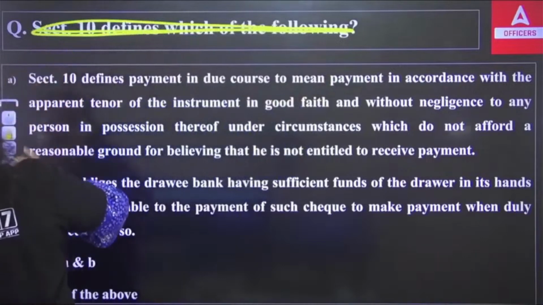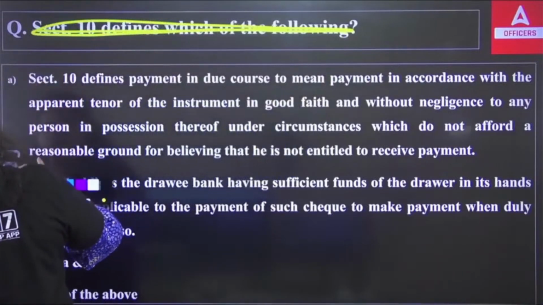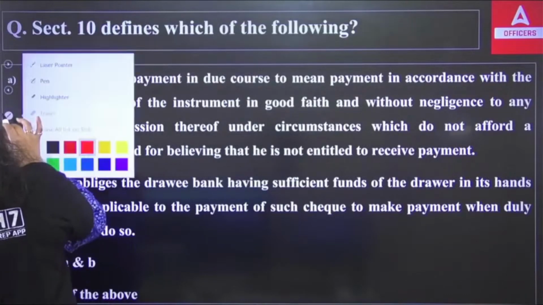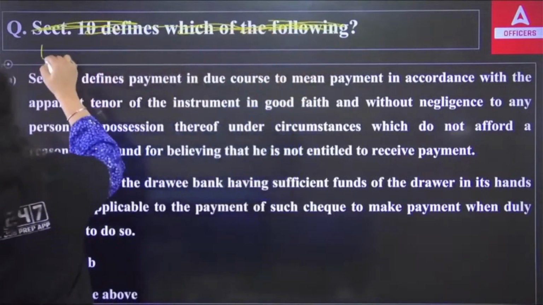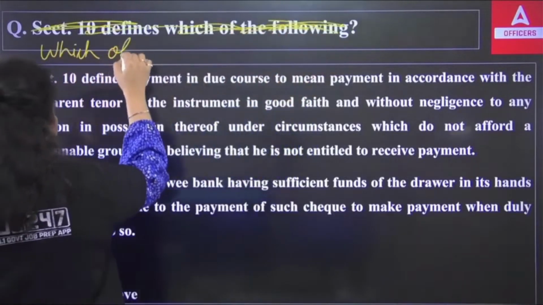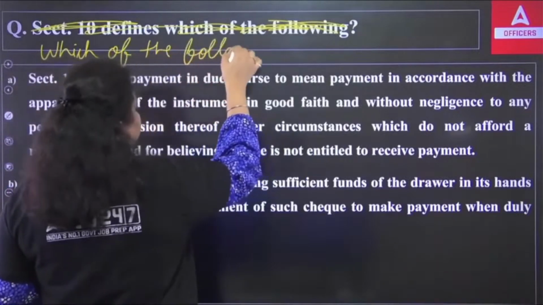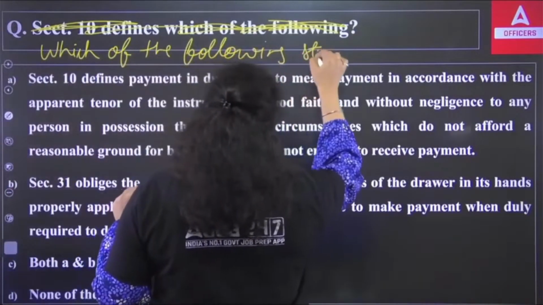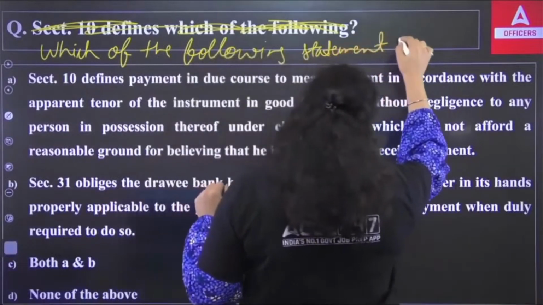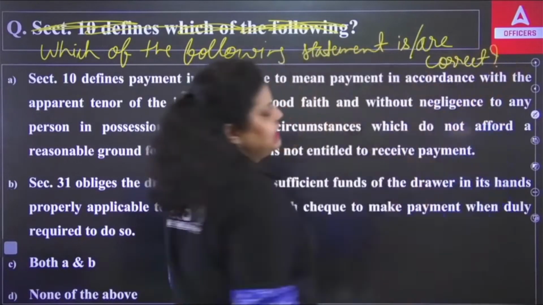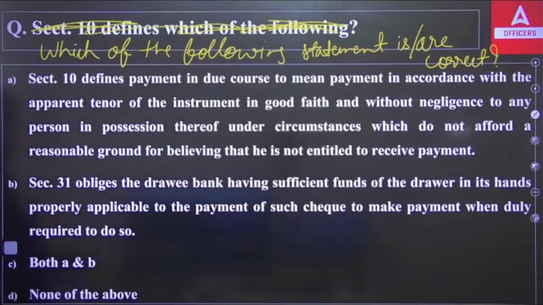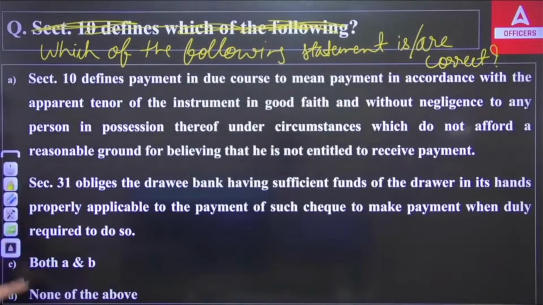The question here is actually, which of the following statements is correct? The first one which talks about section 10, or the second one which talks about section 31, or both, or none of the above?